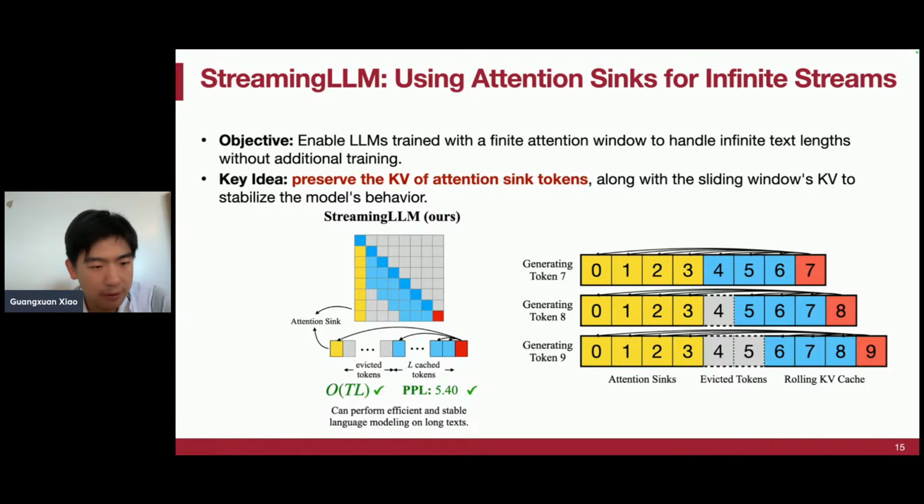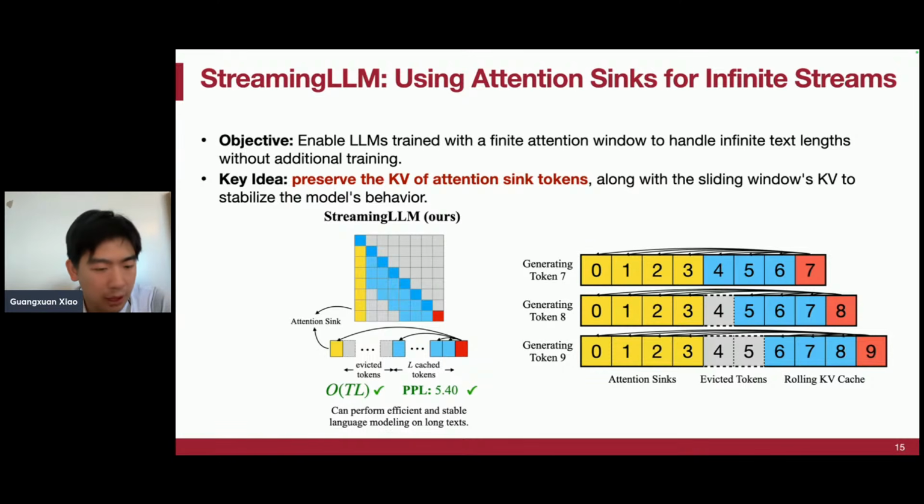On the left, we illustrate the attention map and the scheme of StreamingLLM. The yellow column is the attention sink, which we always allow the model to attend to. The remainder is the same as window attention: the model still attends to the most recent L tokens, and the middle tokens are evicted.